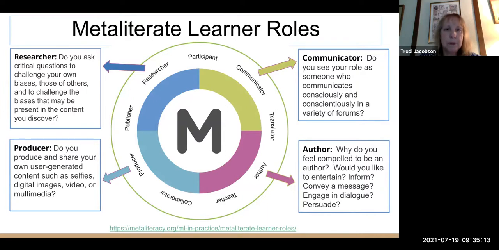So for example, you may be researching something in order to write something or to publish something, but these are really important in being called out for learners to understand that there is sort of a will here, that they need to think about these roles, how they see themselves in the roles, and really do the best they're able to.